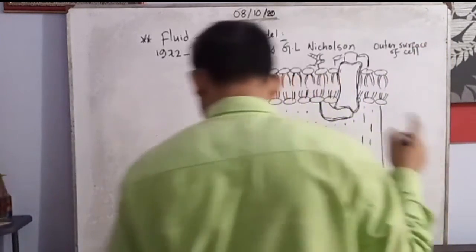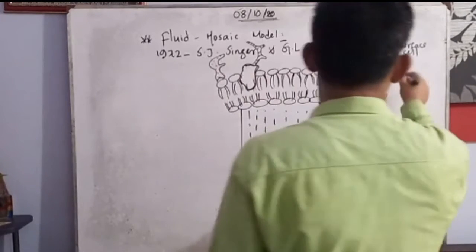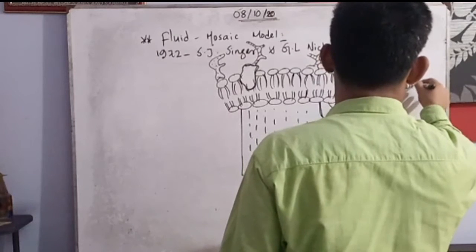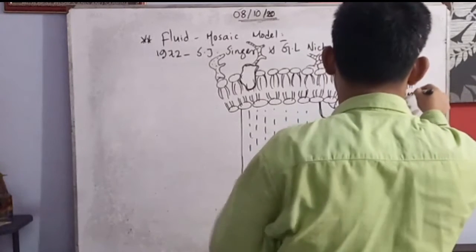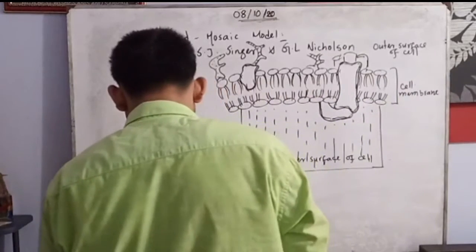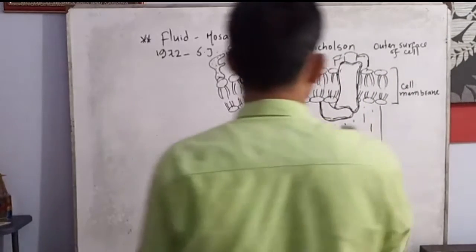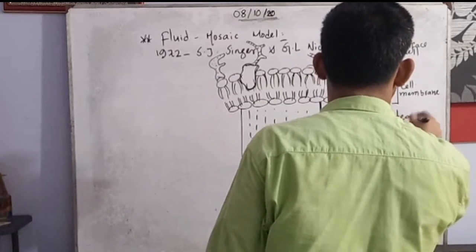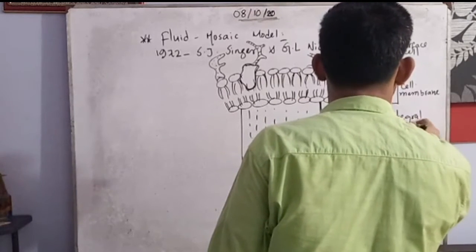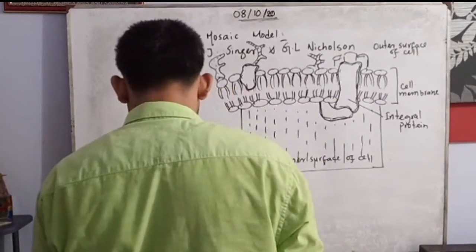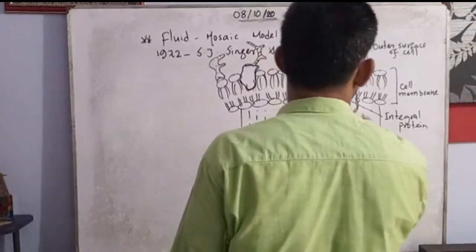Outer surface of cell, you can write this one, and these are the cell membrane. Yes, and this is the integral protein. This one is the integral protein, and this one is the peripheral protein.